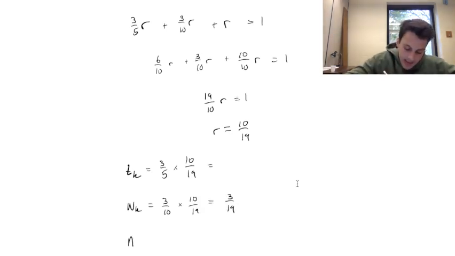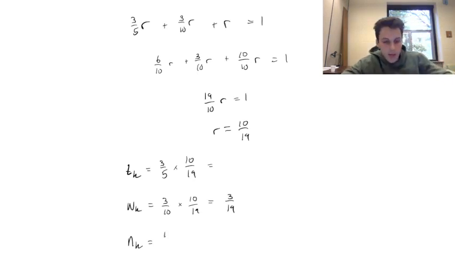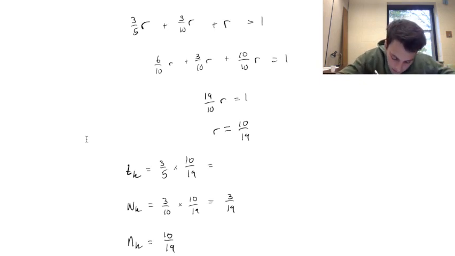And nk is going to be equal to just r, which is 10 over 19. Okay. So what does this tk reduce to? This is going to reduce to 6 over 19. Right, that totally makes sense. 10 divided by 5 is 2. 3 times 2 is 6.